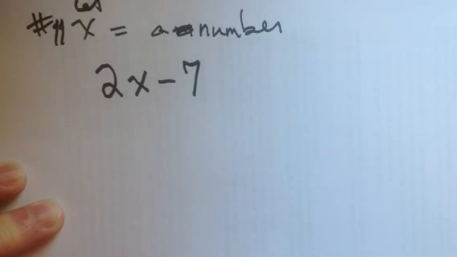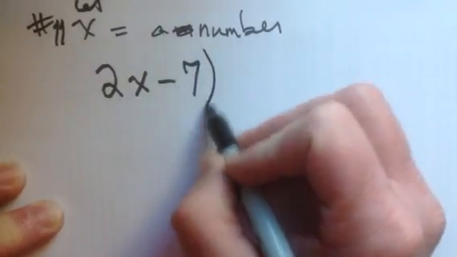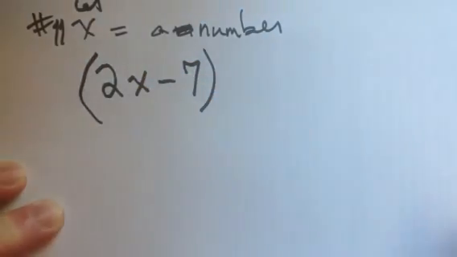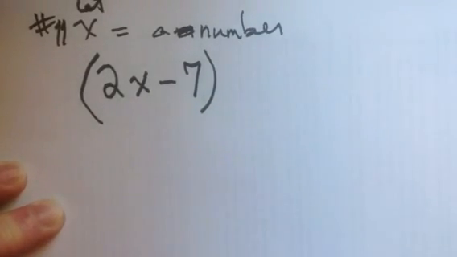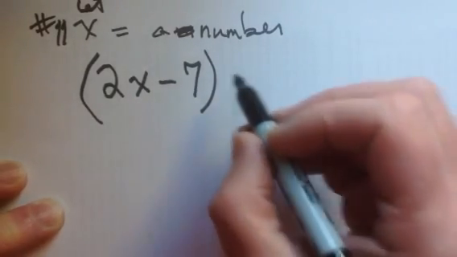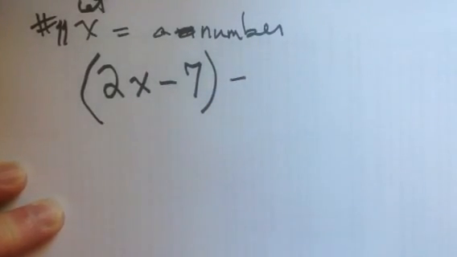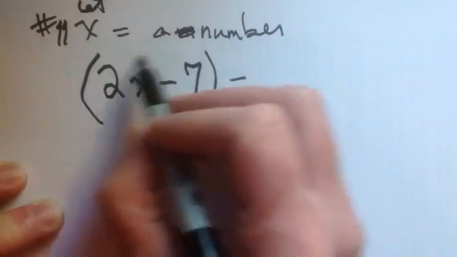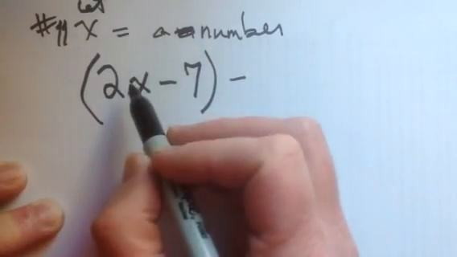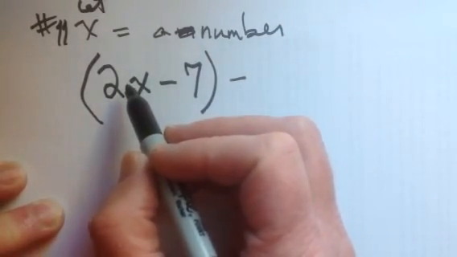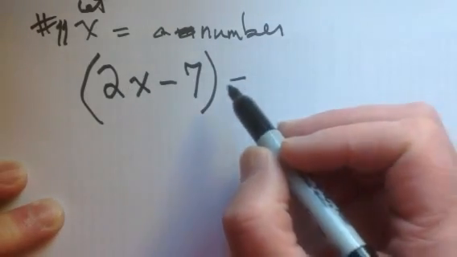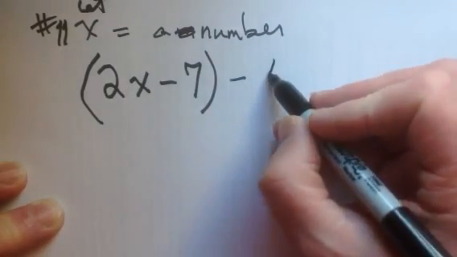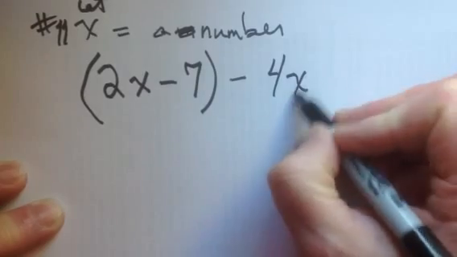Now it says this result is decreased by 4 times the number. So this result, I'm just putting parentheses to make it clear that that's the first sentence. Now we're going on to the second sentence, which says this result, the result of that first sentence, twice the number decreased by 7, is decreased by 4 times the number, minus 4 times the number.